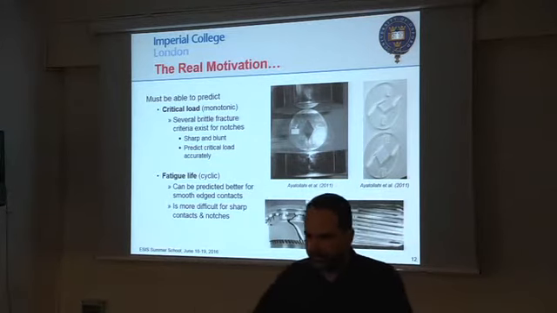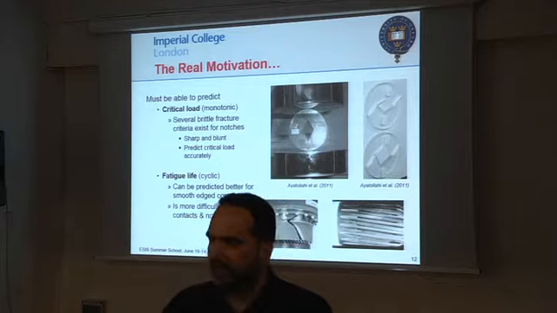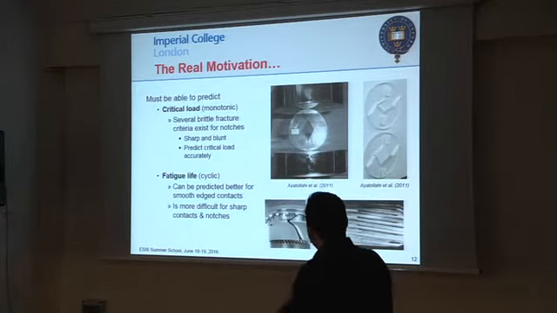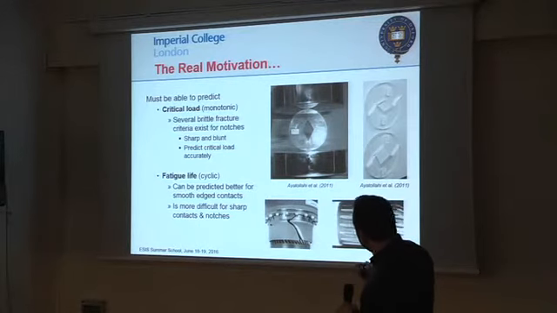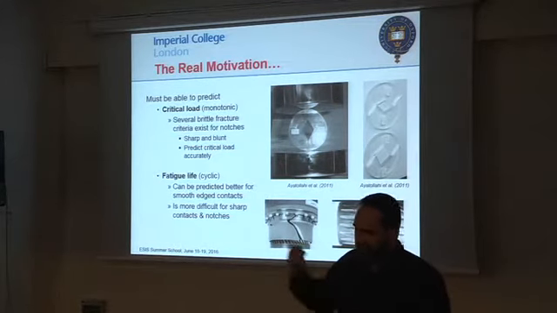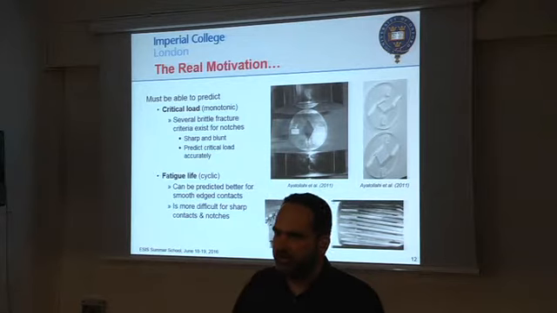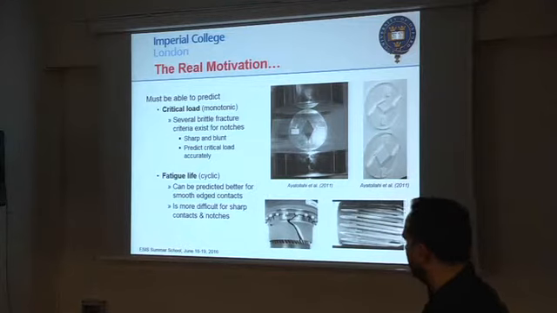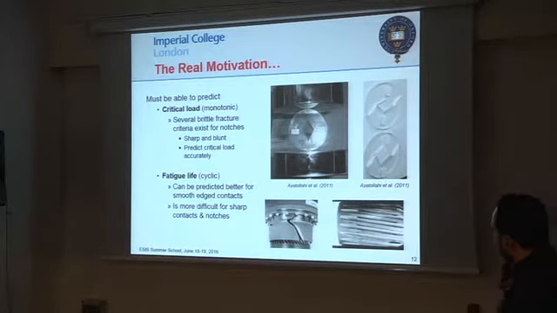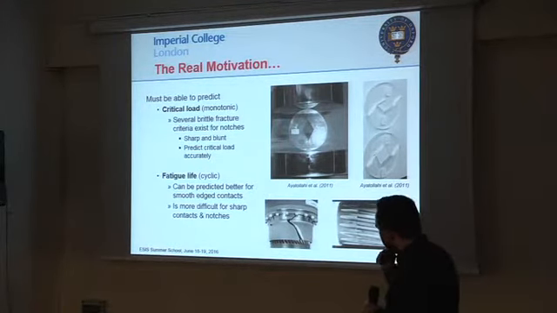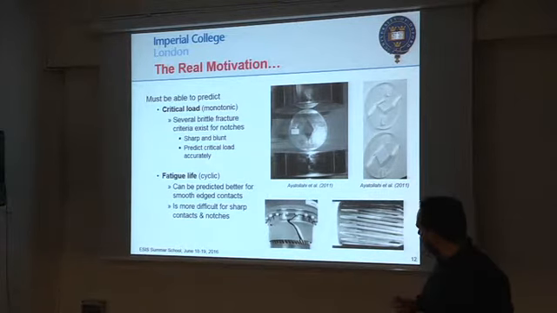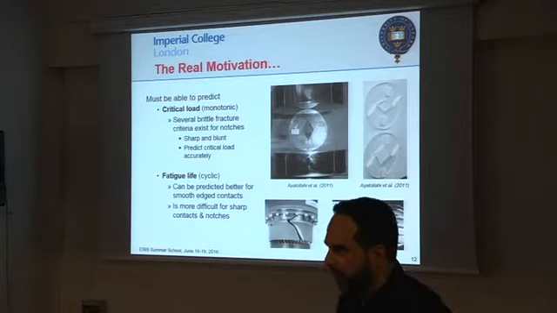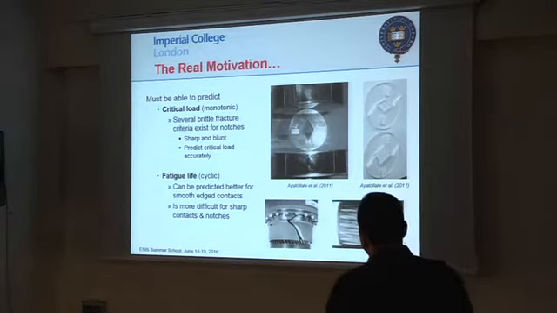So this is a direct link with what you do conventionally in fracture, where you want to find what the critical load is to get a crack going from a notched component or a cracked component, and why you get different kinds of failures in different conditions. So what I was really interested in is understanding how brittle failure starts in some components, and that links, as I said, with what I've done before.